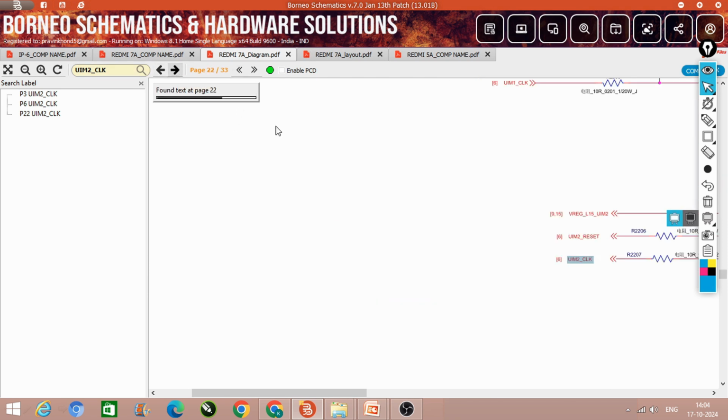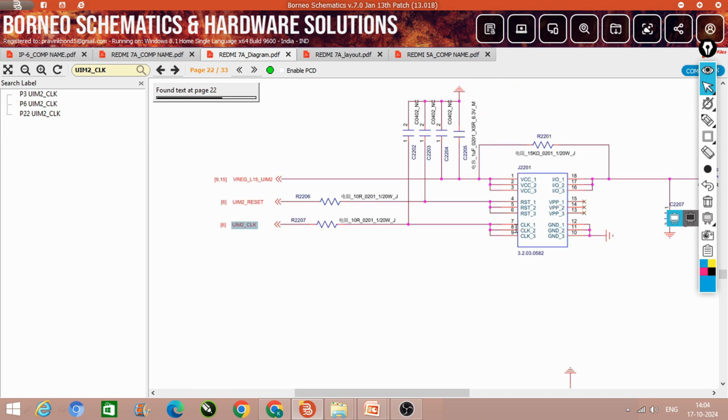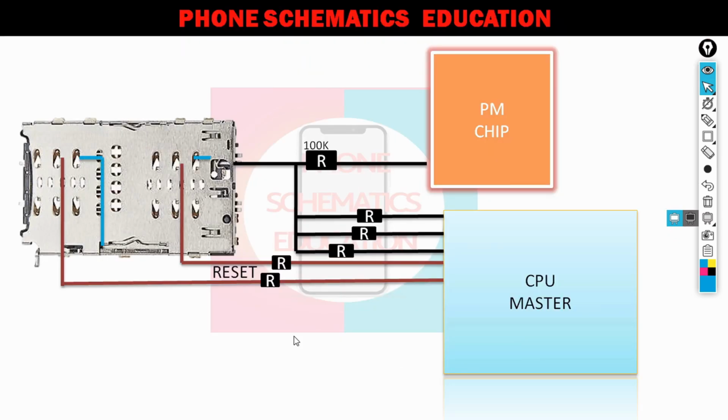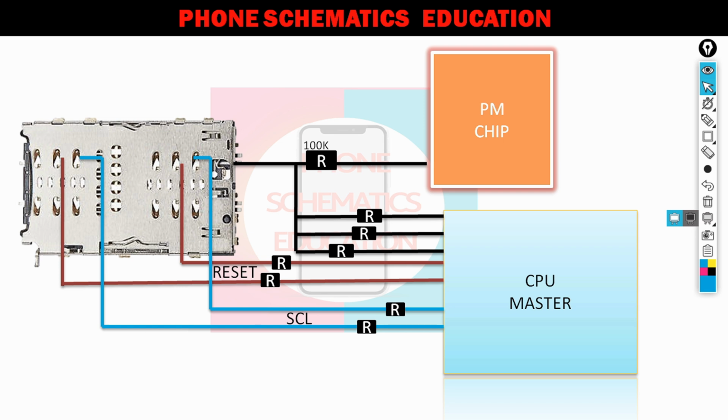Now next, this line again goes back to the SIM1 section. Now let's draw this. Now SCL, serial clock, with a 10 ohm resistance. Because the CPU works as a data transmission mediator between the service provider and your CPU.